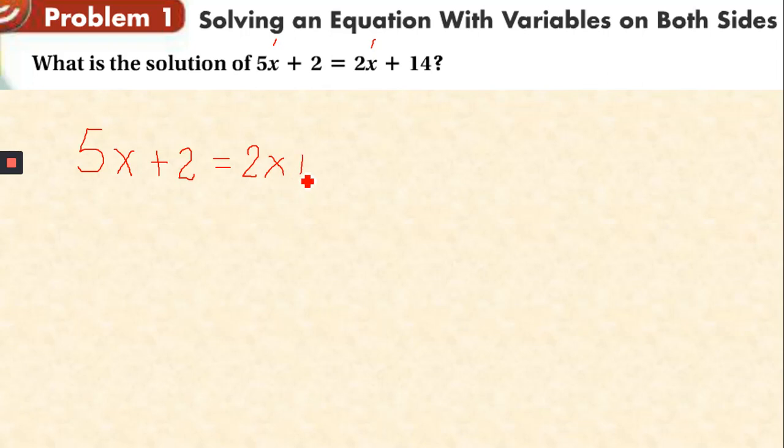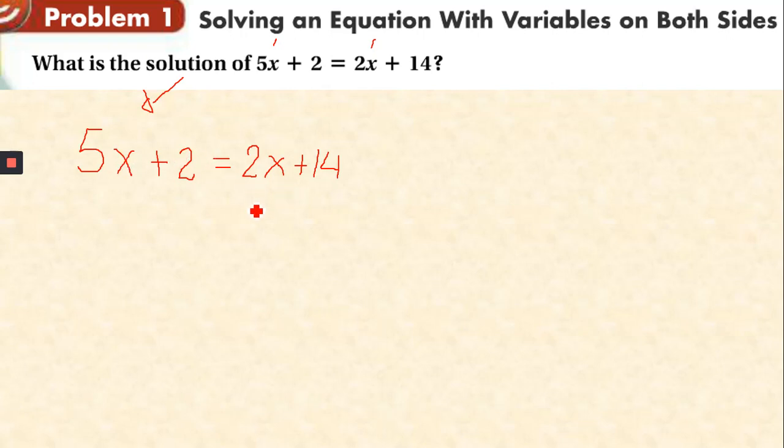It is your choice if you put them all together on the left side of the equation or on the right side of the equation. Okay? So let us try to put all the terms with variables on the left side of the equation. So we need to move 2x to the other side of the equation.